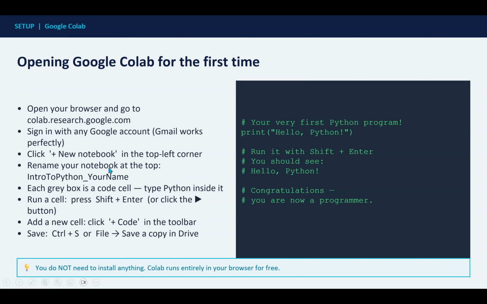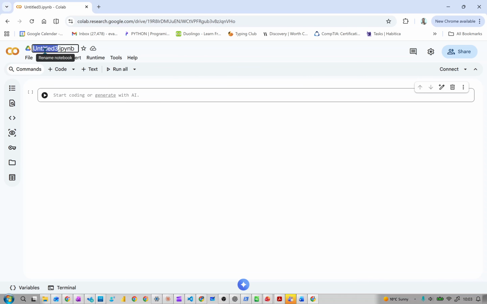So what did we say we'll then do? We'll rename the notebook at the top to intro_to_Python_your_name. So that's simple. Intro_to_Python. I'm actually not using spaces on purpose. You will get used to this in programming. We're always using underscores for spaces or literally no spaces at all.